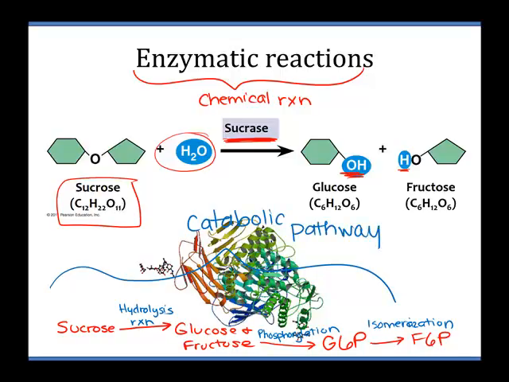Alright? It's the step-by-step breakdown of sugar into what will eventually mostly be energy and carbon dioxide. So, again, one chemical reaction just happened here, but the full catabolic pathway is several different reactions with several different types of enzymatic reactions.